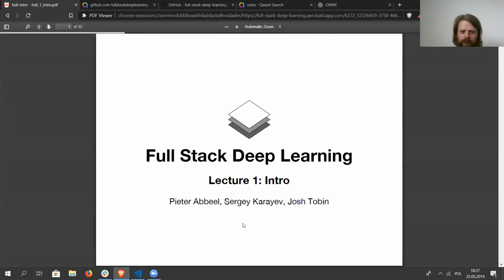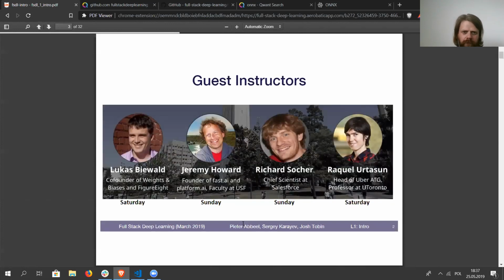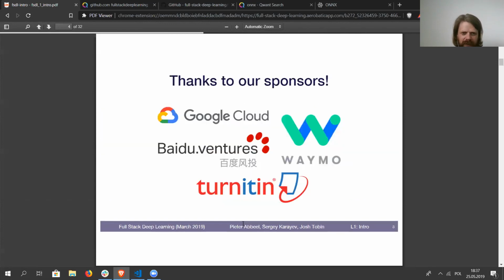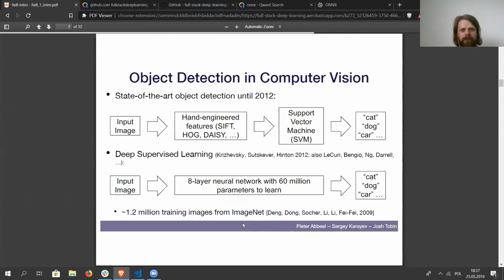It was run as a bootcamp in March this year, by 3 guys plus some guest speakers. Jeremy Howard from Fast.ai was also a guest speaker. He gave an introduction on what deep learning is, like image recognition, which took over object detection very quickly.